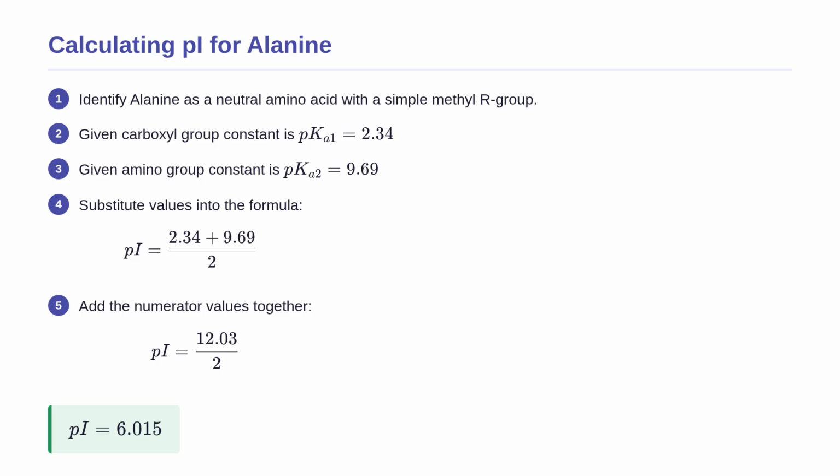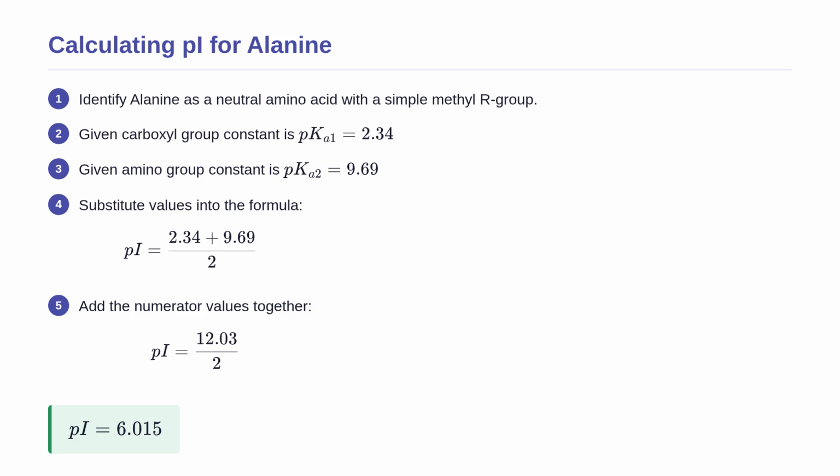Before we move on, let us see this formula in action with a concrete example. We are asked to calculate the isoelectric point for alanine, a simple neutral alpha-amino acid. We are given that the carboxyl group has a dissociation constant of 2.34, and the amino group has a constant of 9.69.